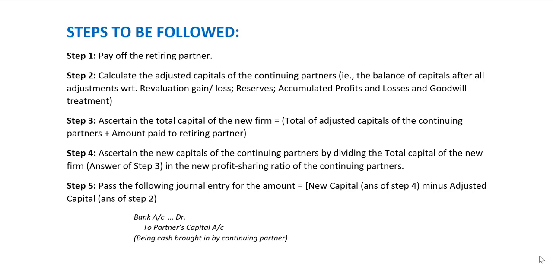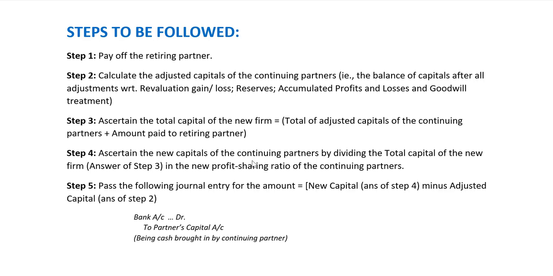Step 3 is to ascertain the total capital of the new firm. We can get this amount by adding the total of adjusted capitals of the continuing partners arrived as per step 2 and also adding the amount which is paid to the retiring partner.